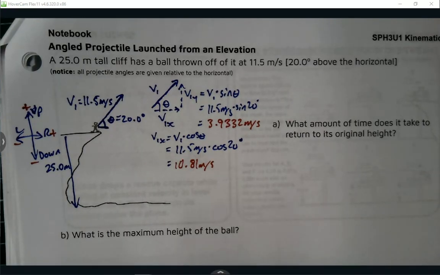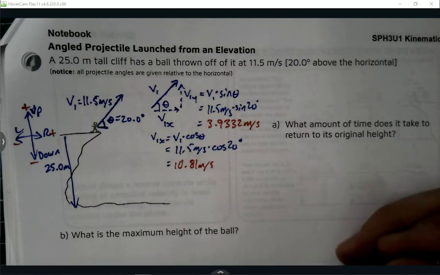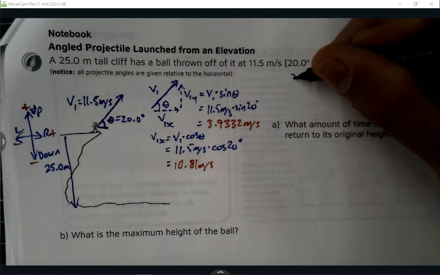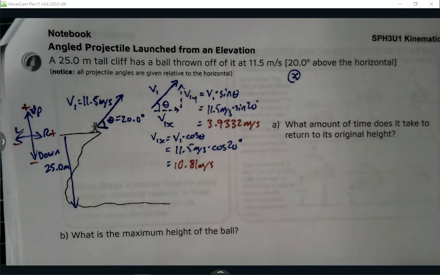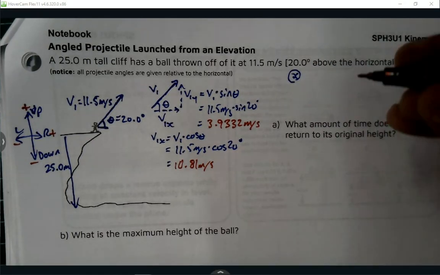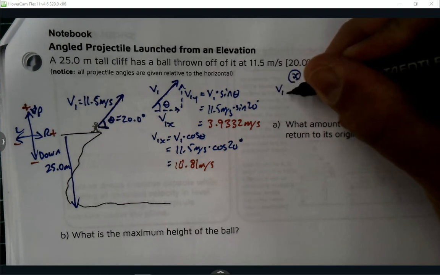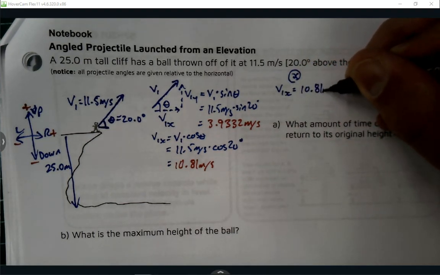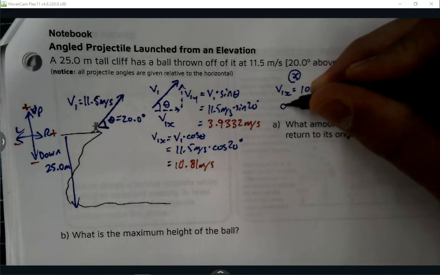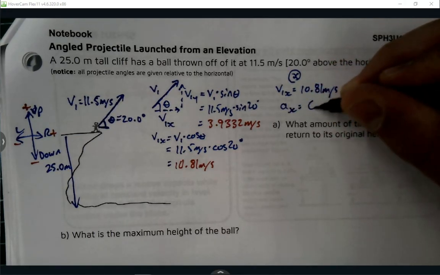All right. So that was my default thing. My other default thing is to take inventory of what I know in the x direction and the y direction. So V1x is going to be 10.81 meters per second. Acceleration x is 0.